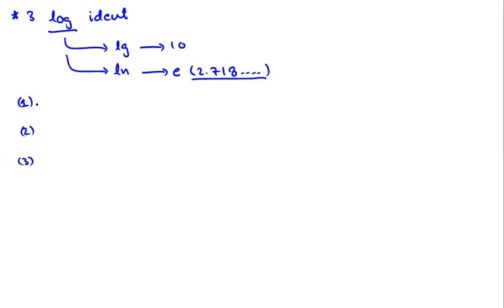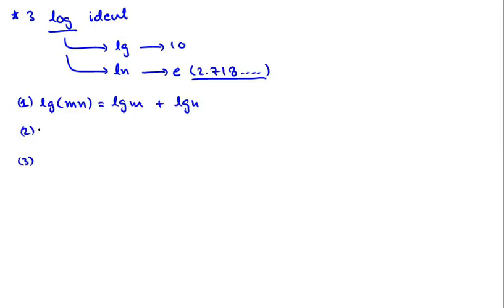The first logarithmic identity or property, which is also known as product rule of logarithm, says that log of a product of m and n can be written as log of m plus log of n. That is, log of a product of two quantities can be simplified as log of one quantity plus log of the other quantity.